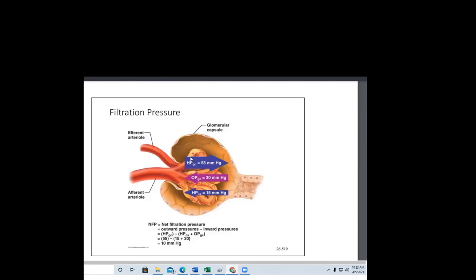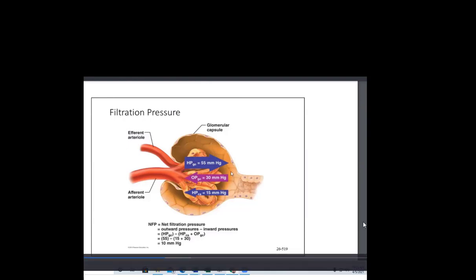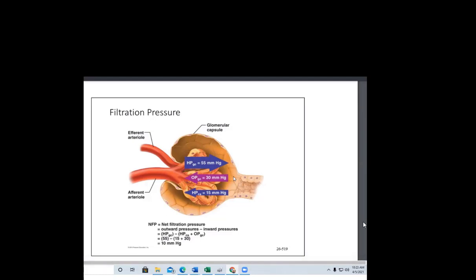So we have pressure within the glomerulus based on the amount of fluid, but this is hydrostatic pressure. So increased blood pressure is going to squeeze more fluid out, right? Osmotic pressure inside Bowman's capsule is going to cause any substances inside the glomerular filtrate, going from higher concentration to lesser concentration, to pull fluid into the glomerulus.